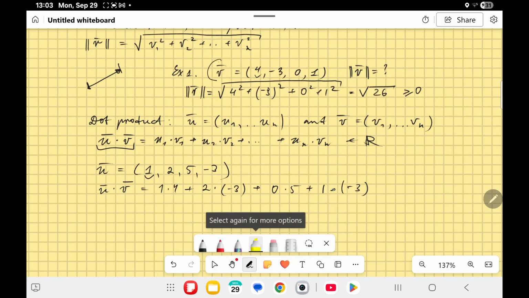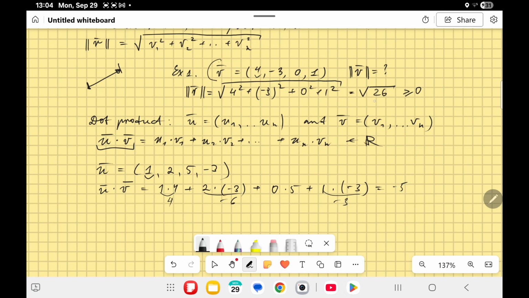My multiplication doesn't look very nice, so I'm going to try to erase it. Okay. And what we have is going to be just a regular number. So we have 4, we have minus 6, that's minus 2, and minus 3. Looks like we have minus 5.